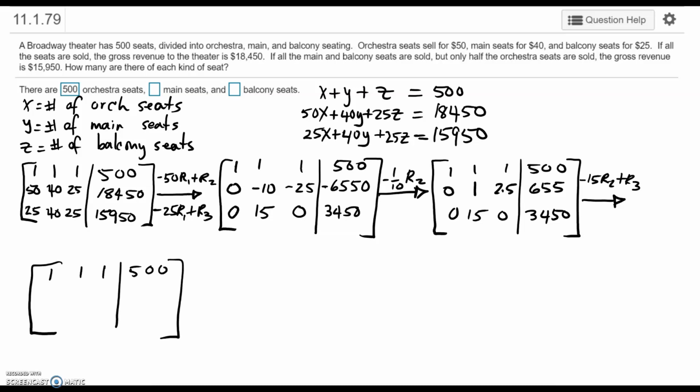My second row stays the same. My third row, though, now becomes negative 15 times 0 plus 0 gives me 0. Negative 15 times 1 plus 15 gives me 0. Negative 15 times 2.5 gives me a negative 37.5.